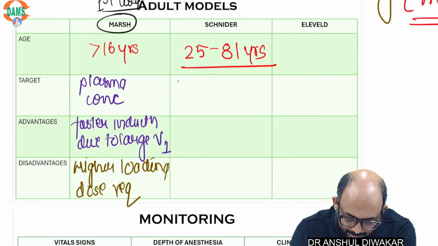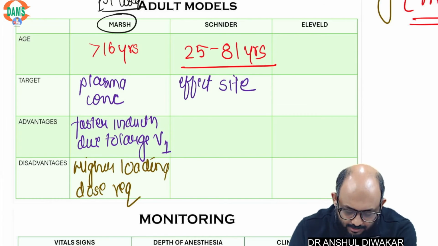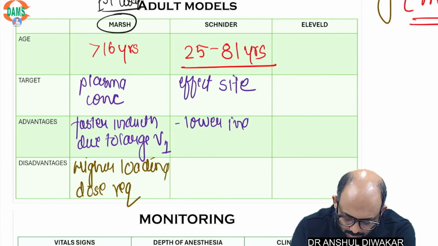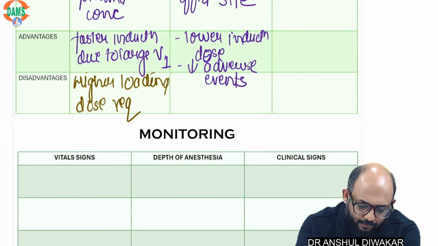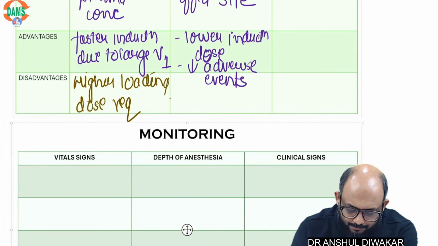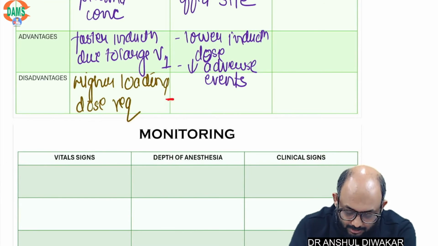It had effect site targeting, and the advantage was lower induction dose, and so decreased adverse events. Lower induction dose and therefore decreased adverse events, but it had a problem with age group as well as weight.